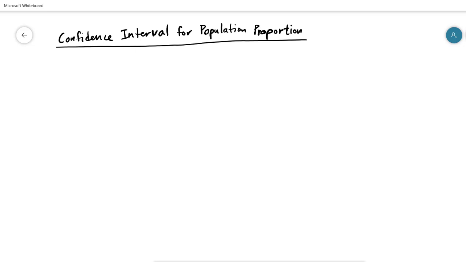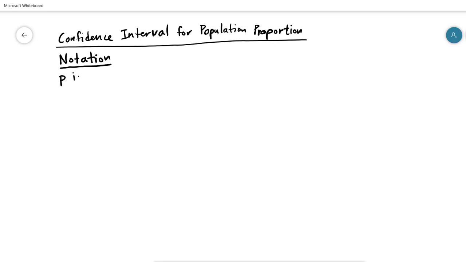Before we jump into it, we have a couple of things we need to cover. The first is there's going to be a little bit of new notation involved in this case. So let me go through that now. The value that we're going to be trying to predict, we're going to call P. This is the proportion of the population that we're trying to predict.